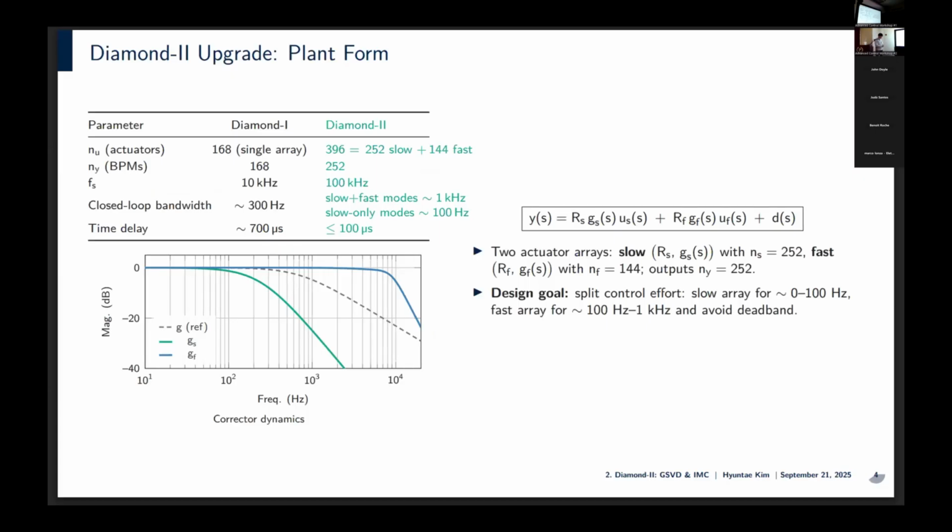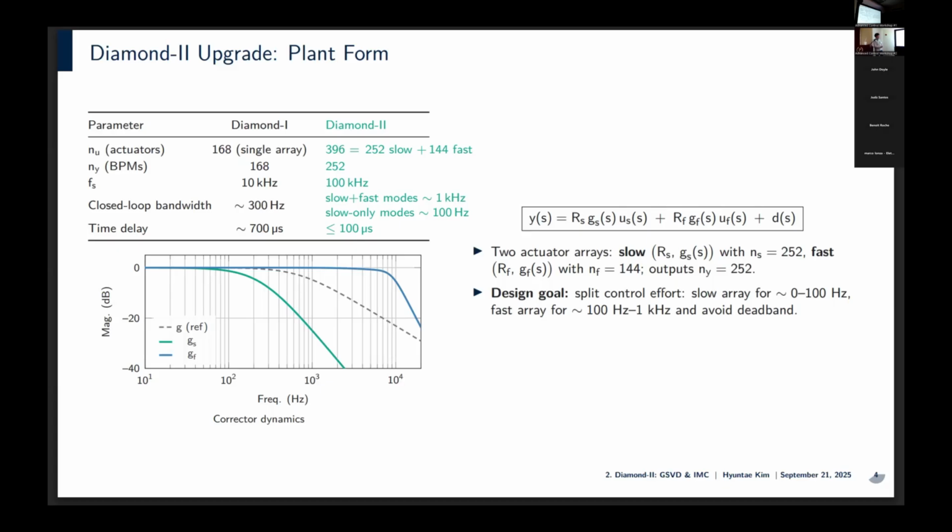After this IMC method, we upgrade the Diamond system to Diamond 2. Diamond 1 has 168 actuators in the system, but we now have 396 actuators: 252 slow actuators and 144 fast actuators.